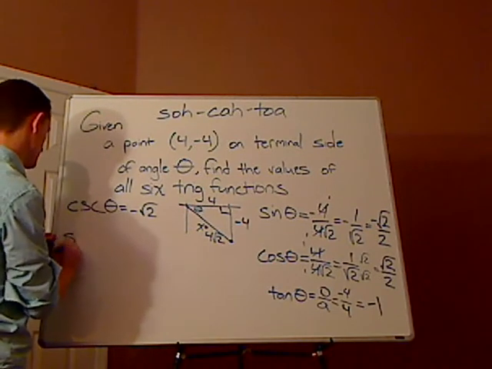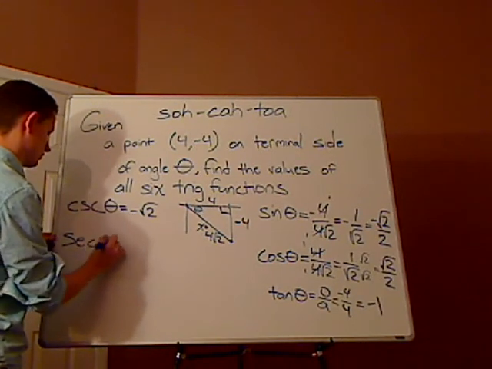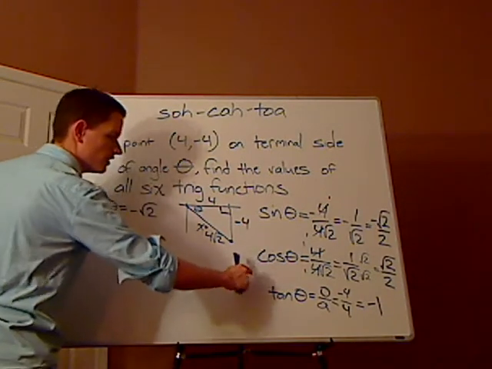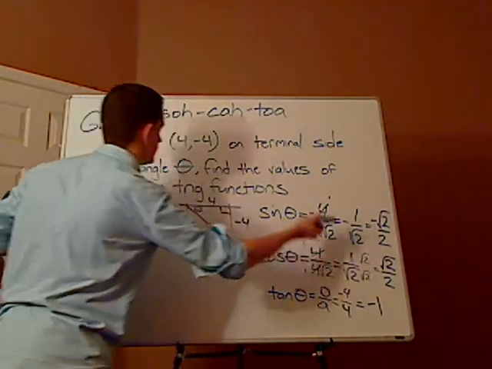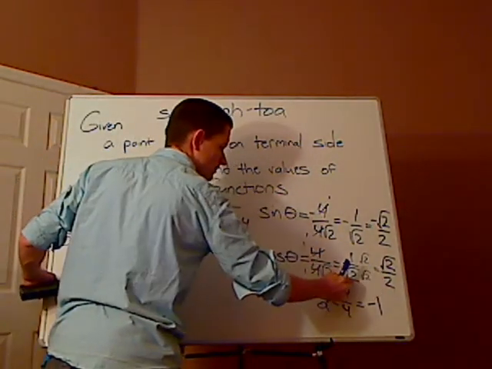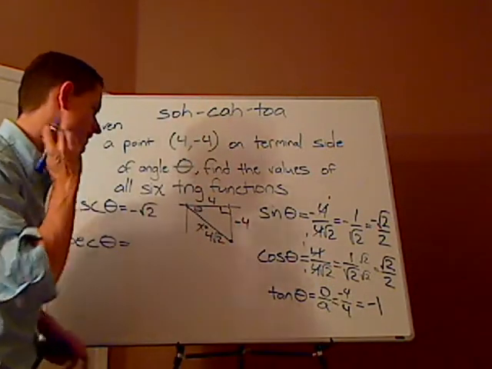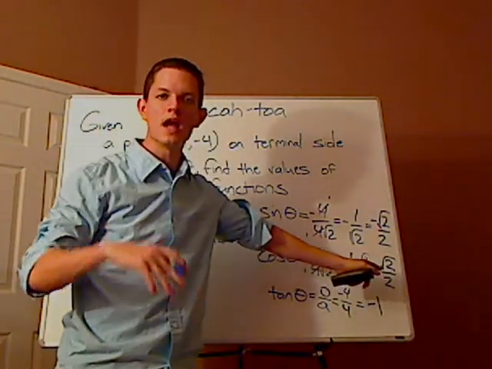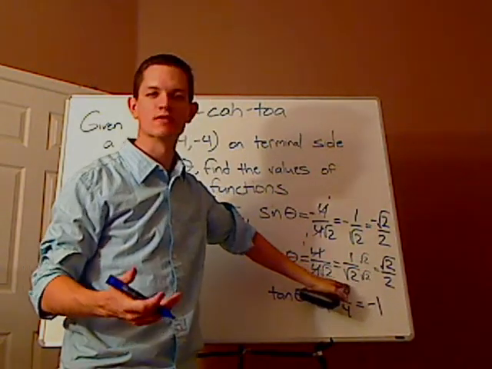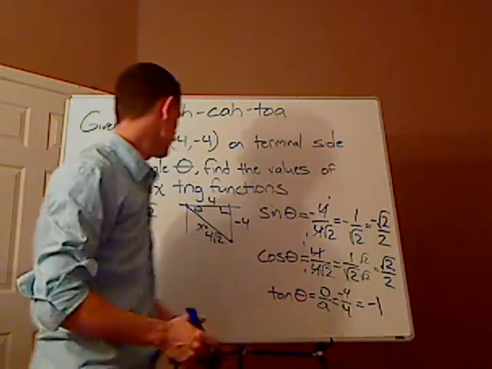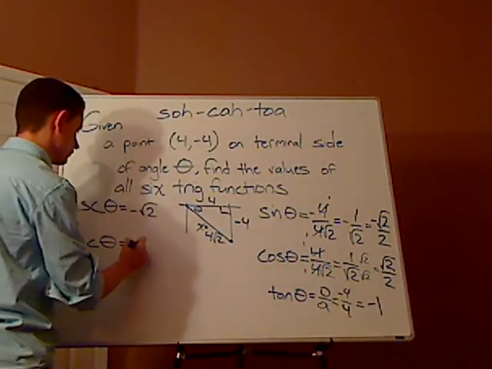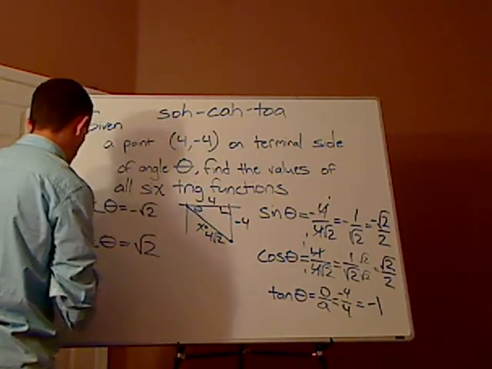Then you have secant of theta, which is the reciprocal function of cosine. So you take this and you flip it. Now again, I'm not going to take this, I'm going to take this. Because if I take this and I flip it, I would have to rationalize the denominator. And I want to save as much work as possible, so I'm just going to use this. So when I flip it, it's square root of 2 over 1, which is just square root of 2.